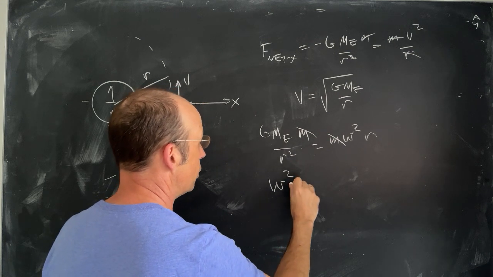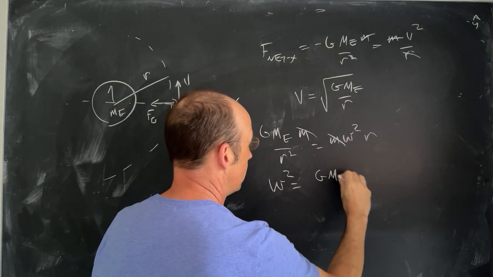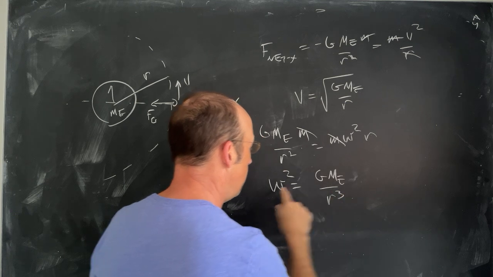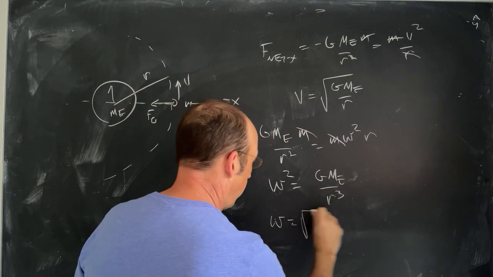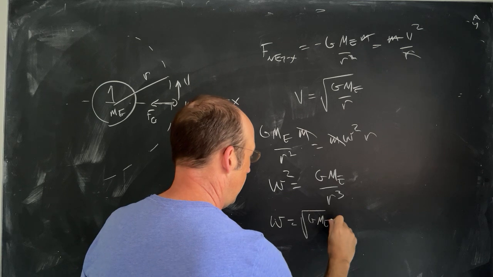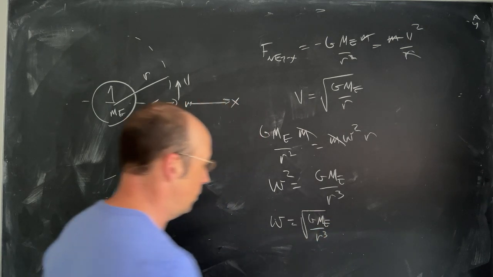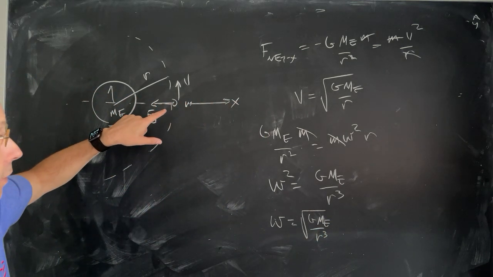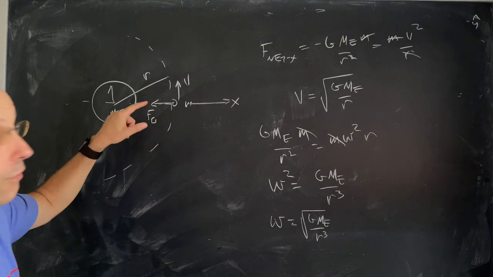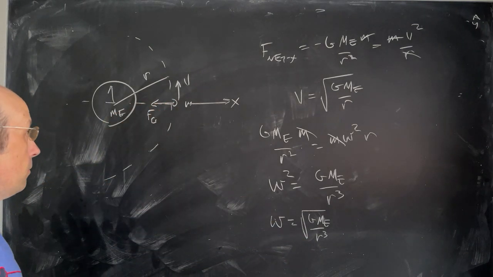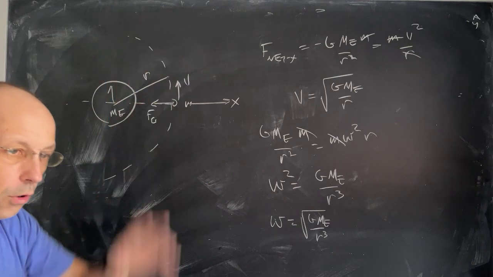So I get omega squared is G M_E over r cubed. And then if I take the square root, I get omega is the square root of G M_E over r cubed. So here you can see that as r gets larger, the angular velocity gets smaller. But this is how we can deal with orbits, and we'll do orbit problems.